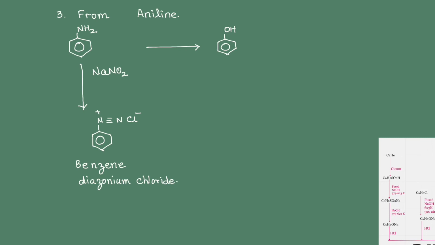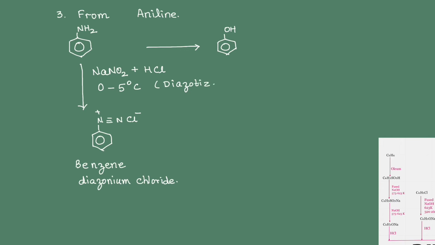Now benzene diazonium chloride is prepared from aniline by treating it with NaNO2 and concentrated HCl. What is the most important condition for this reaction? Yes, it has to be at ice cold temperature, 0 to 5 degrees Celsius. Third question, what is this reaction known as? Absolutely right, this is known as diazotization.